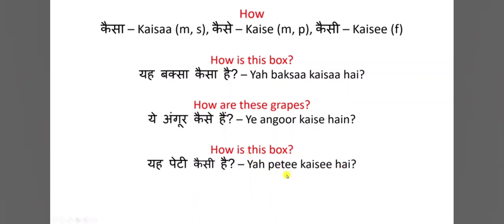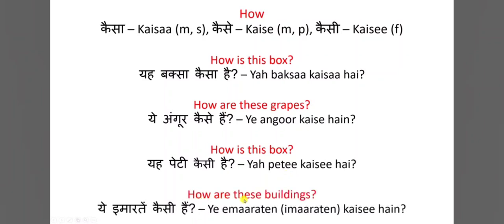Next, how are these buildings? ये इमारतें कैसी हैं? ये is these, इमारतें is buildings, कैसी is how, हैं is are. Buildings is plural, building is feminine. With feminine plural, we use कैसी for how.